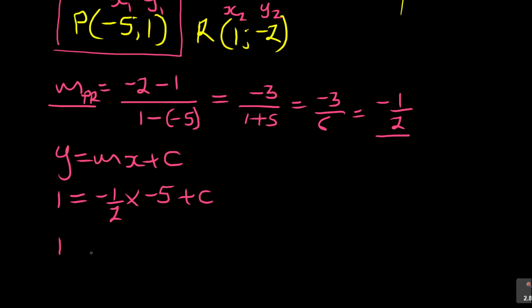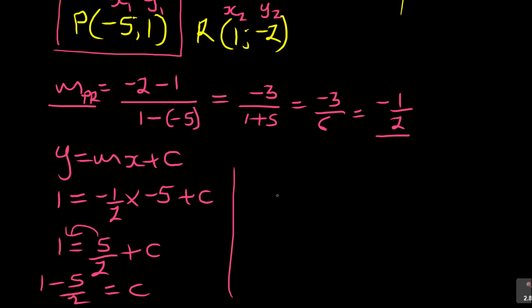So which is 1 is equal to minus 5 times this, which is 5 over 2, plus c. Take that to the other side, which is 1 minus 5 over 2 is equal to c. So what is c?